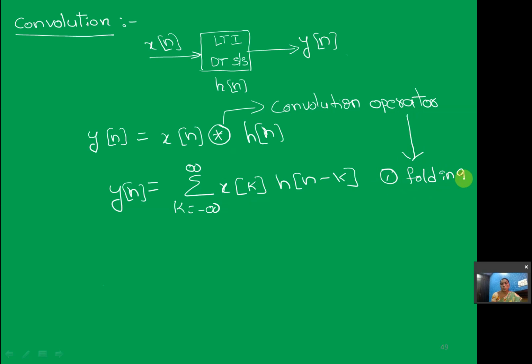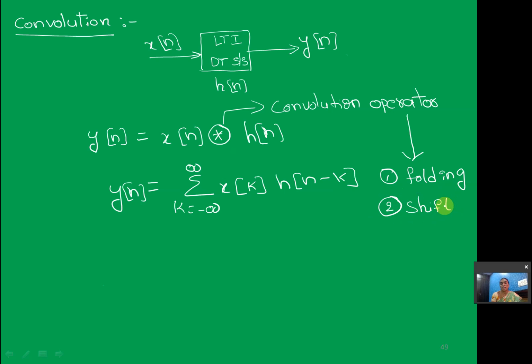That means two sequences are given, one is x of n, another one h of n. Firstly we should replace these variables from n to k, like x of k, h of k, and again we should find the h of minus k from the h of k by using the folding operation. So folding is necessary.